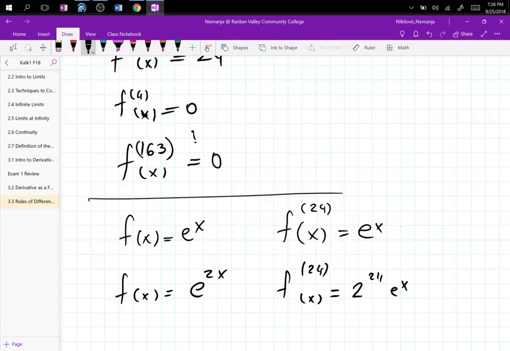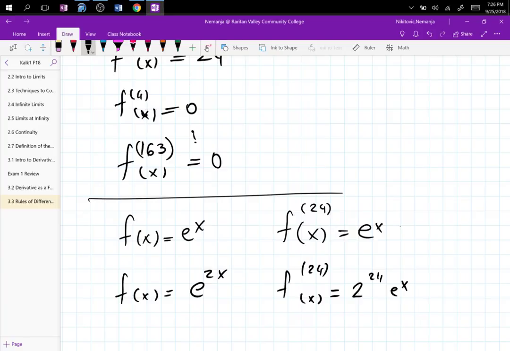Every time you take the derivative of e to the 2x, the 2 will pop in front, right? Because we have the rule for e to the ax. So the 2 will show up. Well, you will do that 24 times, so 24 2's will be there. So that's why it's 2 to the 24th power.